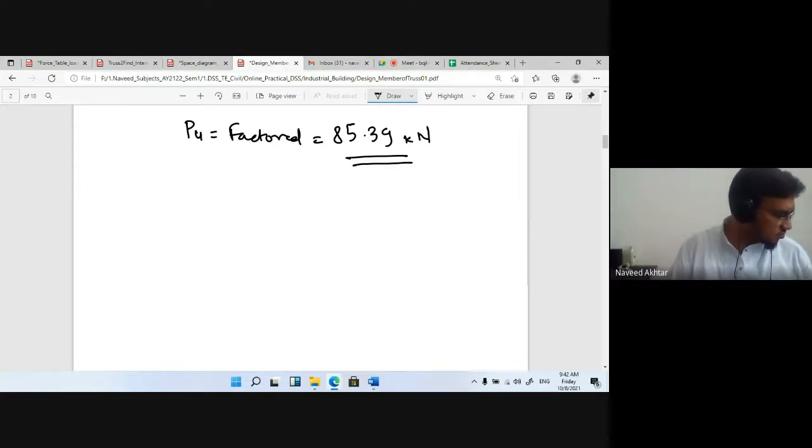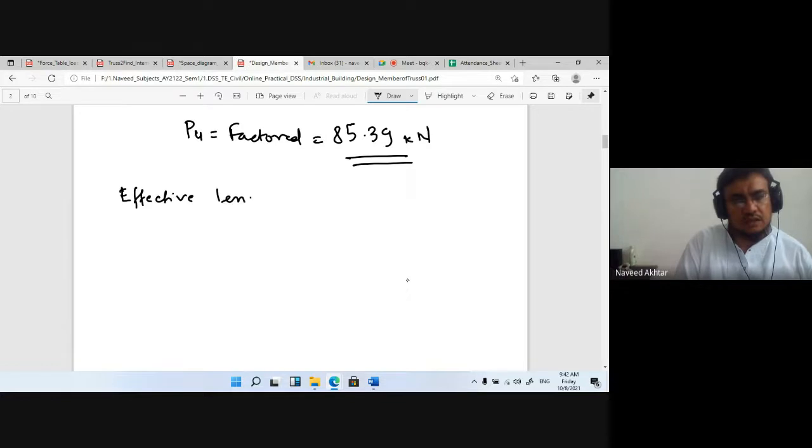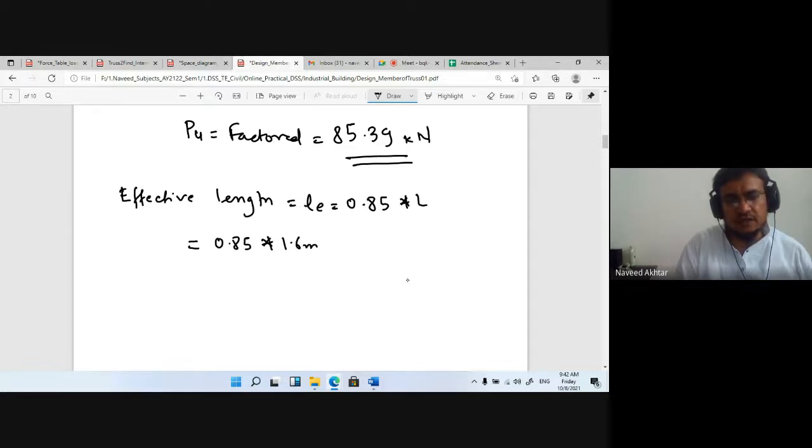The length of member is 1.6 meter. You can find out the effective length. Effective length LE is equal to 0.85 into L, where L is 1.6 meter.